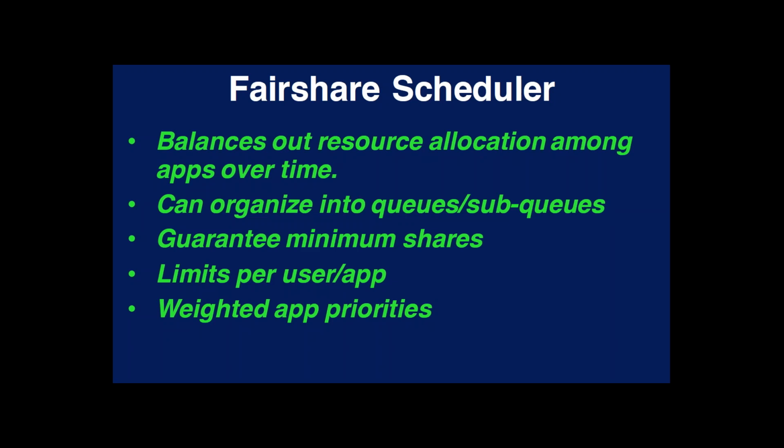So this is mainly balancing between the apps, and a queue system will be there. So limits per user or app, and it has weighted app priorities. You can set the priority for a particular app, and the limits per user will be there.